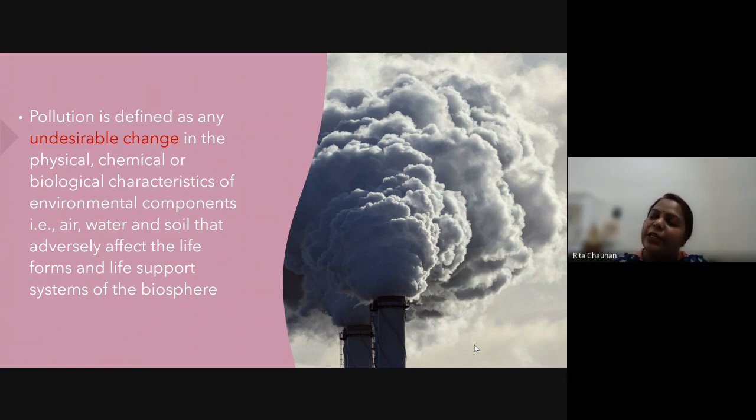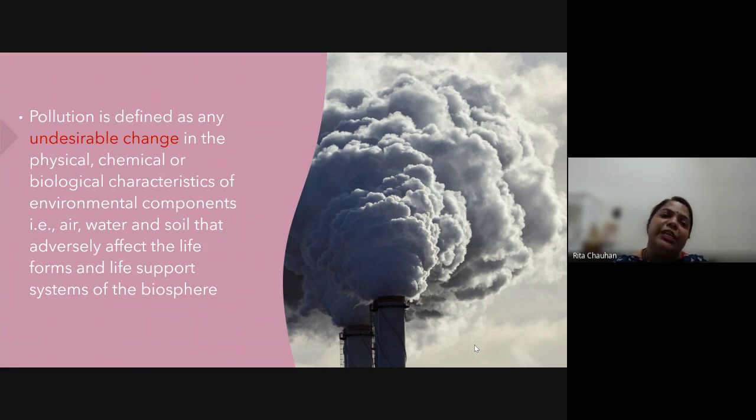Chemical change means there is a change in the chemical composition of that area. For example, if there is water pollution, then chemicals are there in the water. That's why there is pollution. Then biological characteristics means in a certain area, some small plants and animals are released, and because of the pollution, their population is also affected.